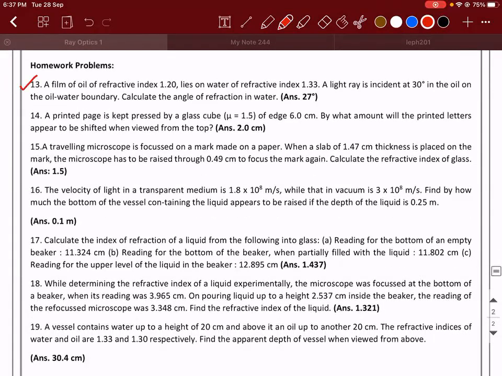Now do the 13th problem. Do it faster. Tell me in terms of sine inverse. I don't want it in terms of angles at all. Two minutes time.